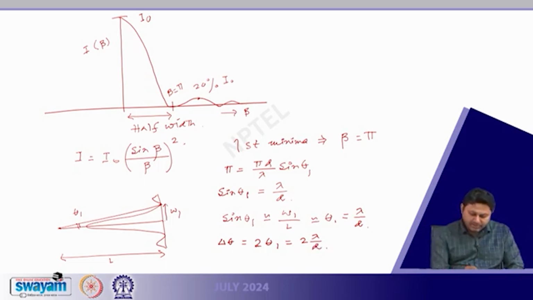And if I want to find the spatial width, that is 2 W 1, double the half width, and that is simply 2 lambda multiplied by L divided by d.